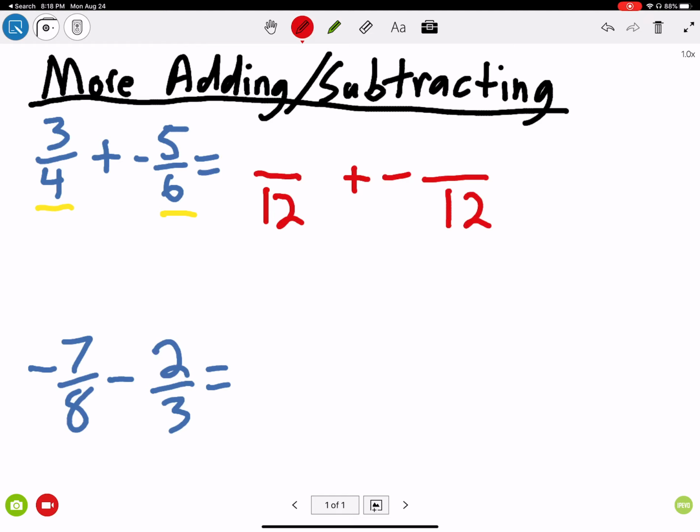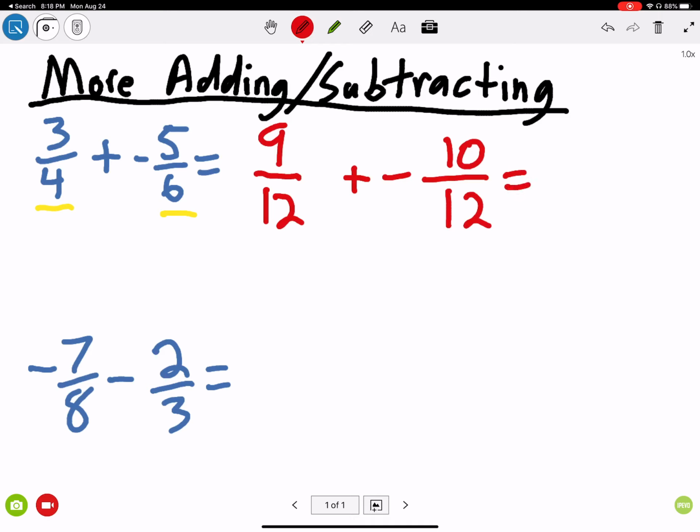Well, to get from 4 to 12, I have to multiply by what? Good, 3. So to go from 3 to my numerator, I have to multiply by 3. 3 times 3 is 9. And then 6 goes into 12 twice, so 5 is going to go into the numerator twice as well, and 5 times 2 is 10.